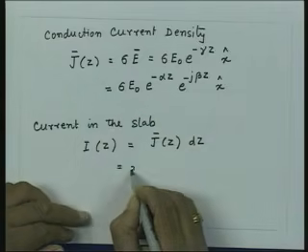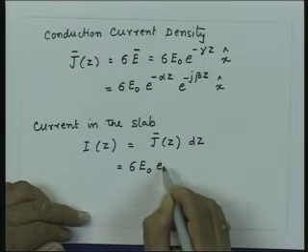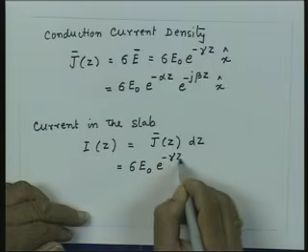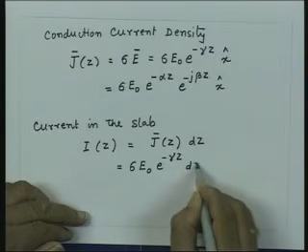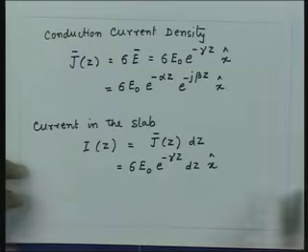So, substituting into this will be sigma E0 e to the power minus gamma z dz, x direction.